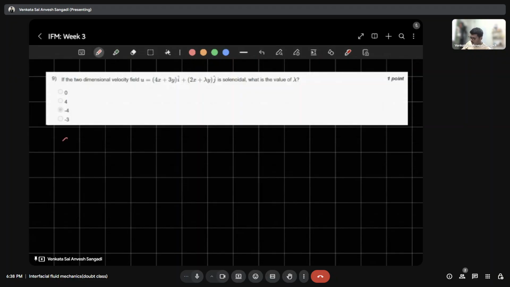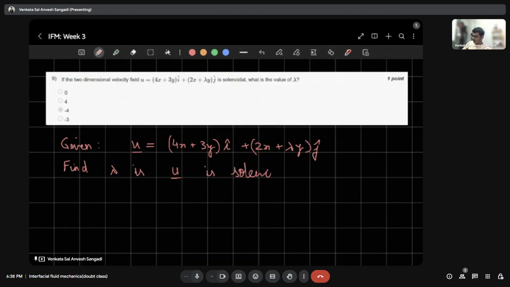So we have u, which is (4x plus 3y) i cap plus (2x plus lambda y) j hat. And then it is asked, find lambda if u vector is solenoidal.